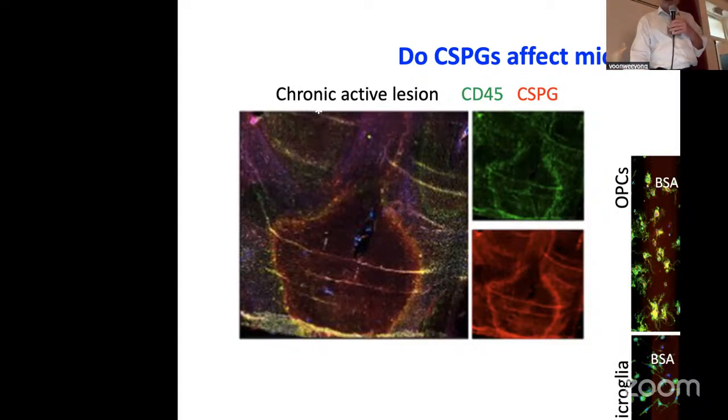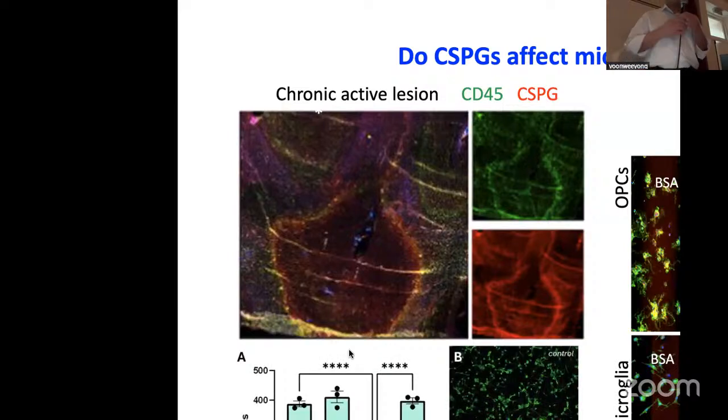So we think that to some extent, this affinity may account for this correspondence of CD45 positive cells with CSPGs at the rim of chronic active lesions.